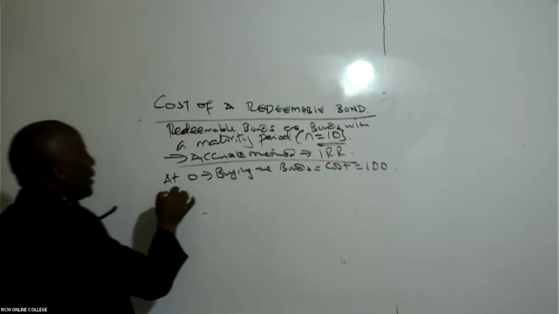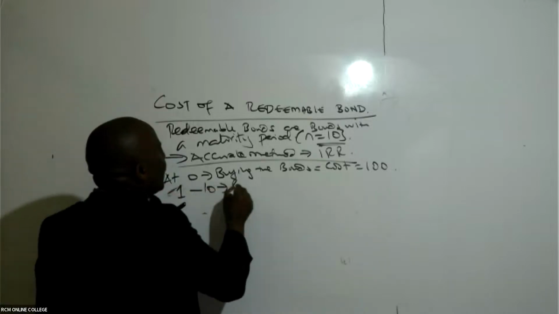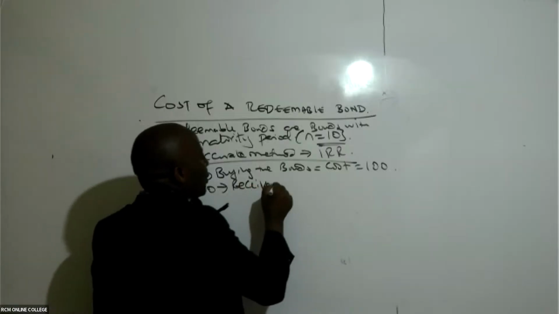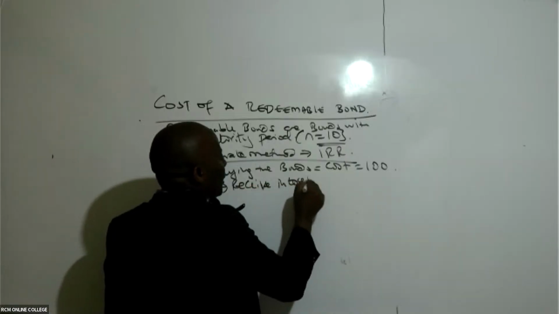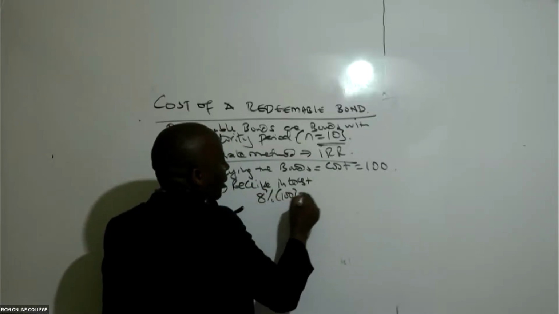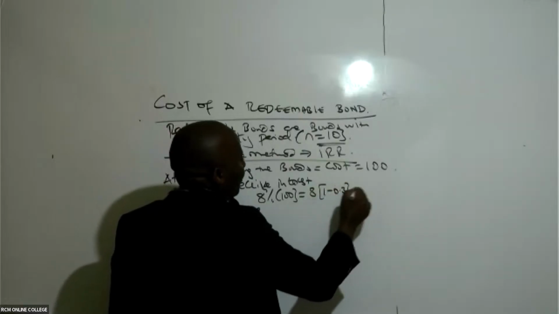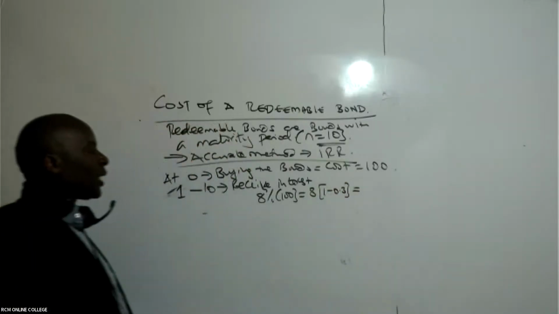And then from years 1 to 10, I shall receive interest. The interest rate is 8% over 100, but this has to be tax adjusted.